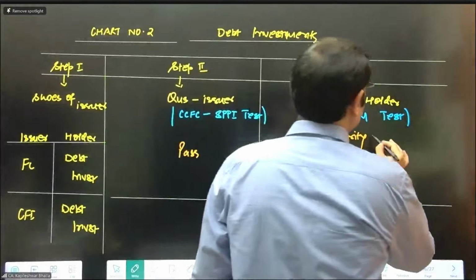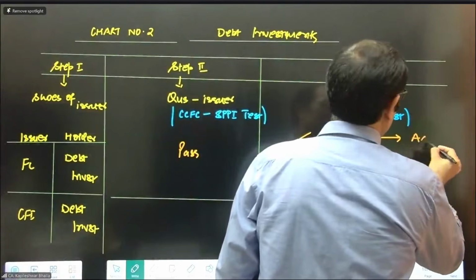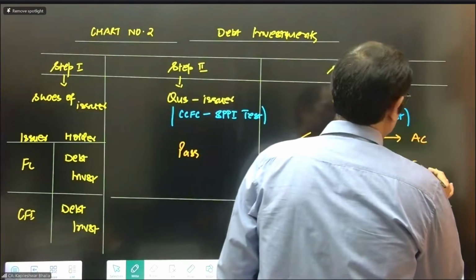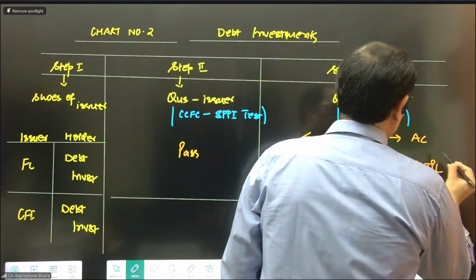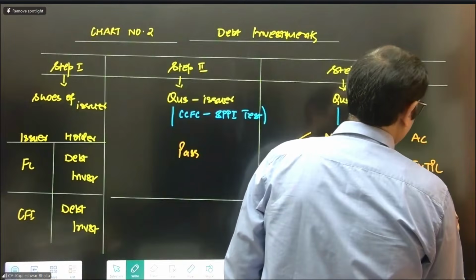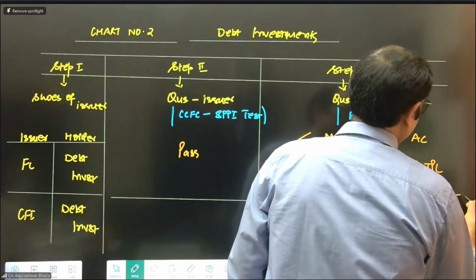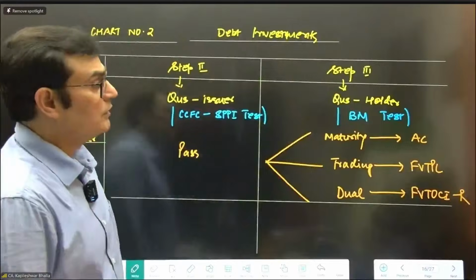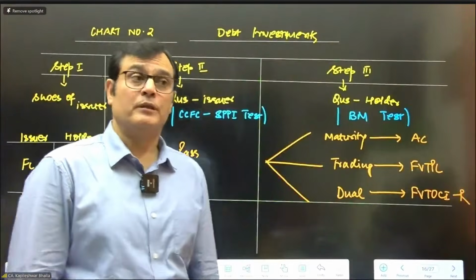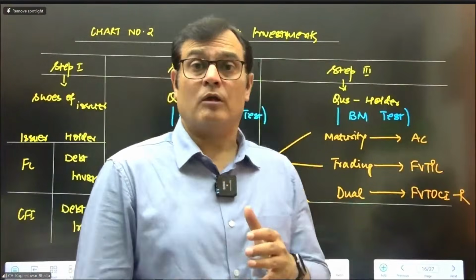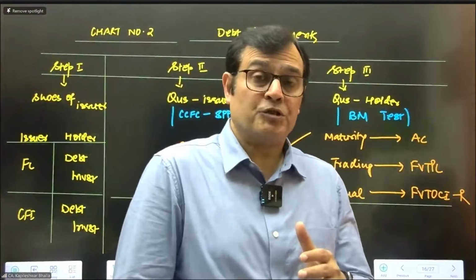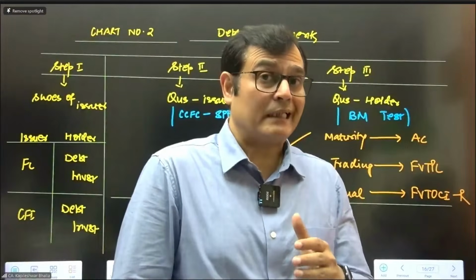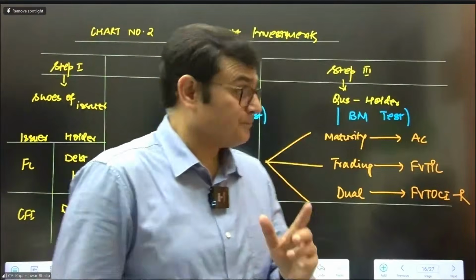So if it is maturity, it is amortized cost. If it is trading, it is FVTPL. And if it is dual, it is FVTOCI, and that is supposed to be recycling or reclassification. And you remember, debt investments are always R. In case of OCI, equity investment is always NR in terms of OCI.